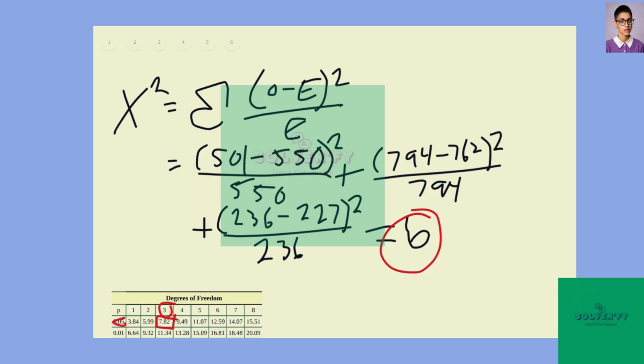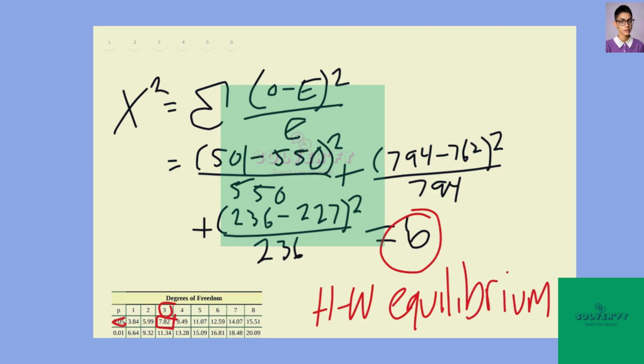So that would suggest to me that this supports the idea of the Hardy-Weinberg equilibrium. Right, so if something else was going on, then our number would be quite different from this one.